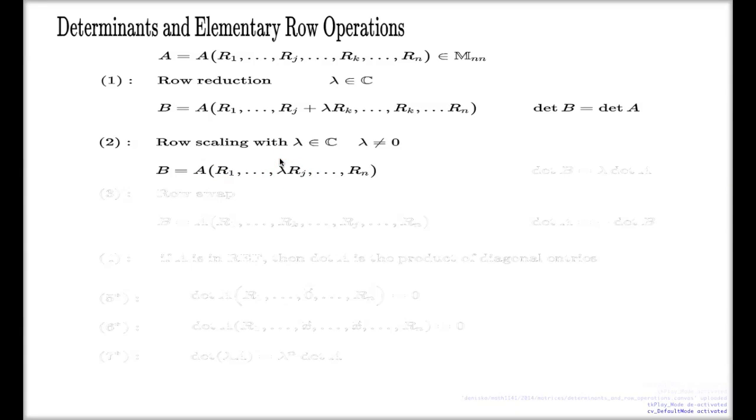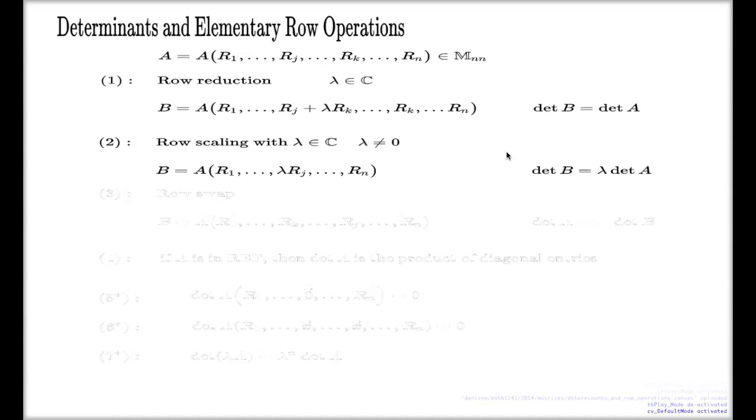If you're scaling one single row, remember this, it's an important point. It's rather often that people forget about that. If you scale only one row, the determinant will be scaled accordingly.